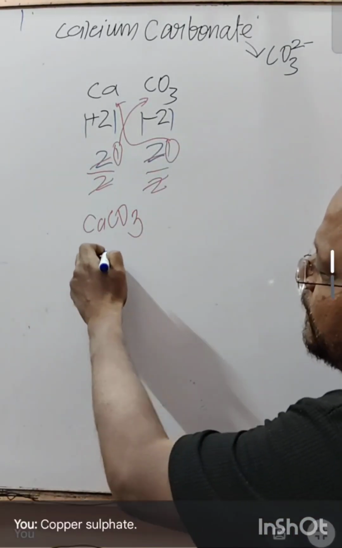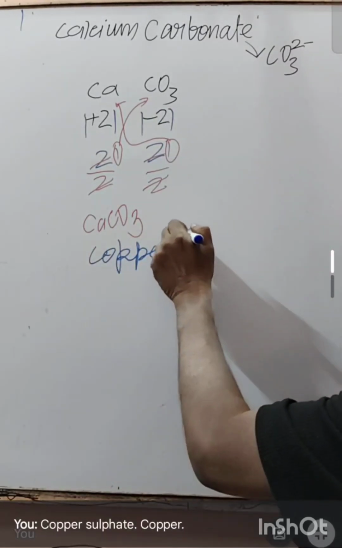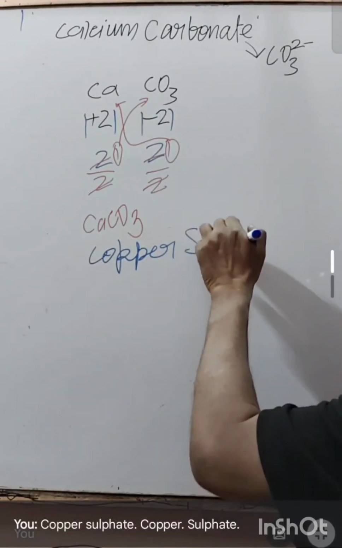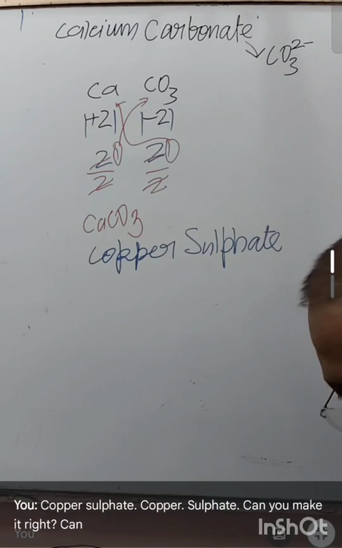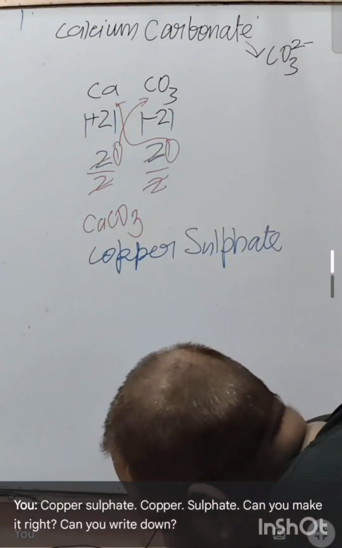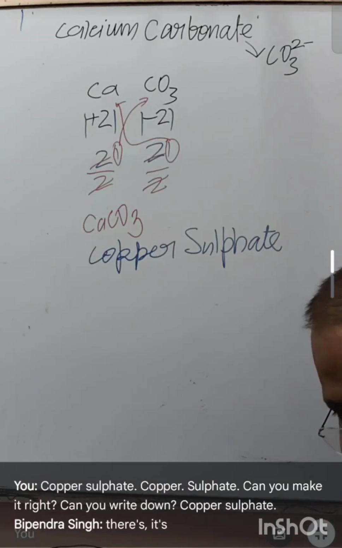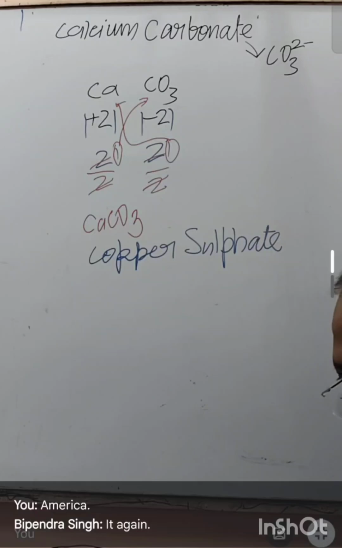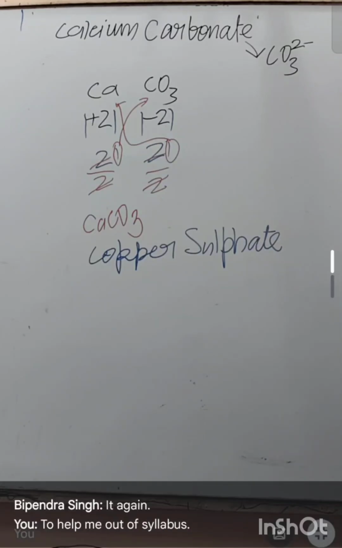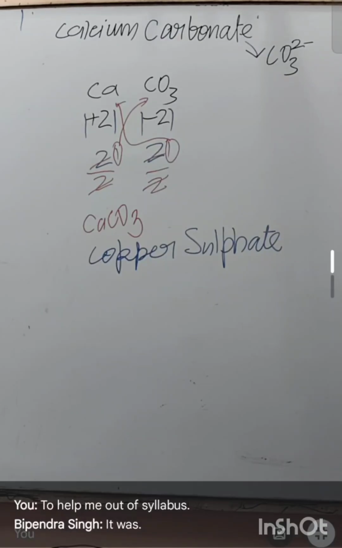Copper sulfate. Can you make it? Can you write down? Copper sulfate. सर इसका भी आंसर पता है. हमने रट्टा लगा. तो अब मैं आउट ऑफ सिलेबस दूं कुछ? सर बस सिंबल हमें पता हो और कुछ.